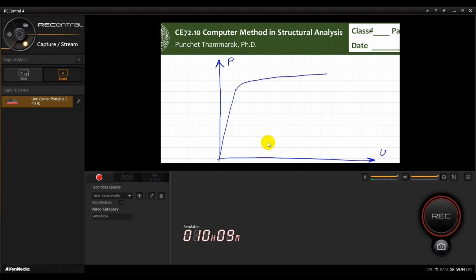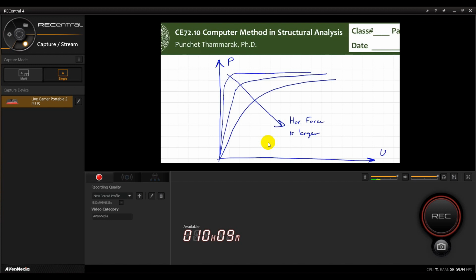So the curve might look like this if your horizontal force is larger. Or it could be like this if your horizontal force is smaller. So the curve tends to go to this side if the horizontal force is larger.